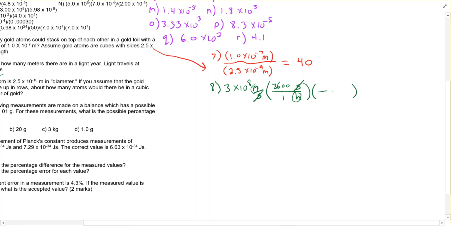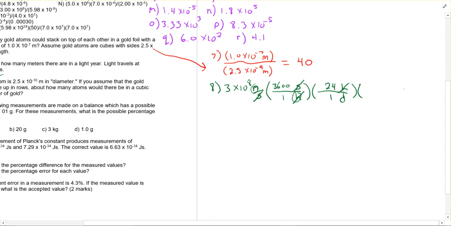So the next thing I'm going to do is multiply by, I'm going to put hours up top. I'm going to say there's 24 hours in 1 day. Now if I multiply by 24, hours cancel with hours, and what I'm left with for units are meters per day. So I'm getting closer, right? I'm figuring out how many meters this thing, I mean, light, goes every day.